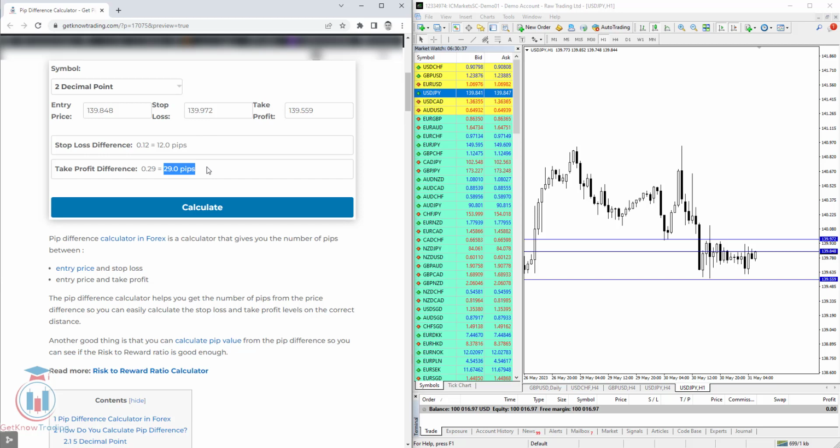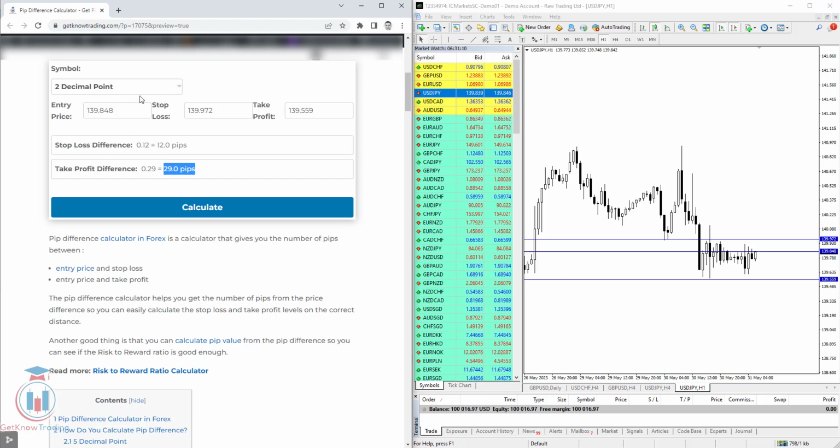Have in mind one important notice: if you are using some other market, for example the synthetic indices market, where the contract size is not equal to 100,000 units like in Forex, this Pip Difference Calculator will not be good, because there you will have the pips defined with different decimal points, because there the pip can be at the first decimal point or it can be without the decimal point.